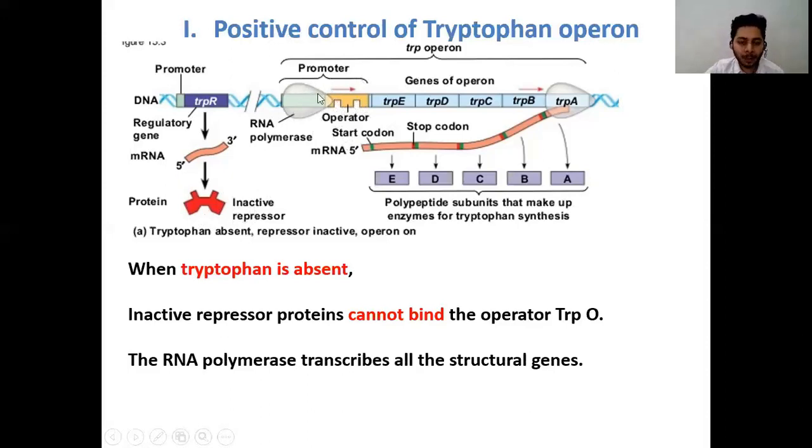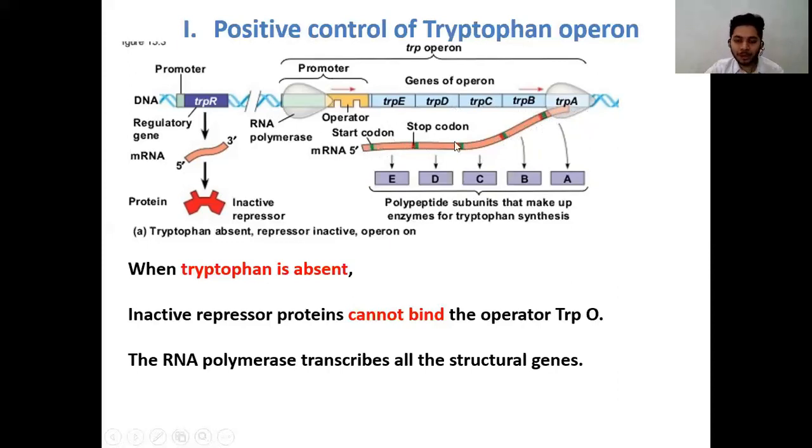Therefore, when RNA polymerase binds to the promoter, the pathway is completely clear. There is no blockage in the pathway, and RNA polymerase can easily transcribe the structural genes. So all my 5 structural genes E, D, C, B, A will get transcribed. Upon transcription, the mRNA is produced. This is a polycistronic mRNA which contains the information of all 5 structural genes together.